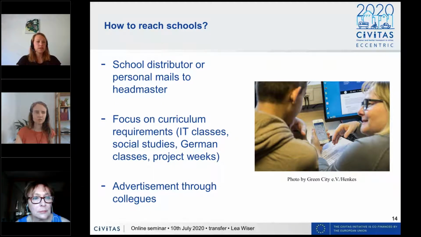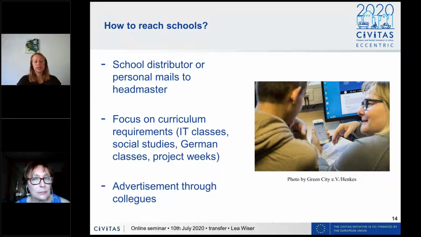We also wrote some emails to headmasters. And after some implementations, some teachers talked to their colleagues and told them about the project. And then we got some other replies from the colleagues.